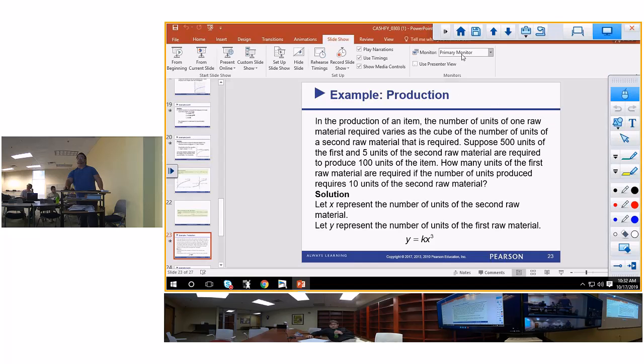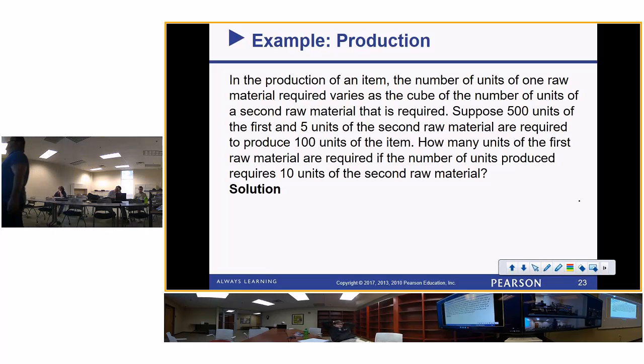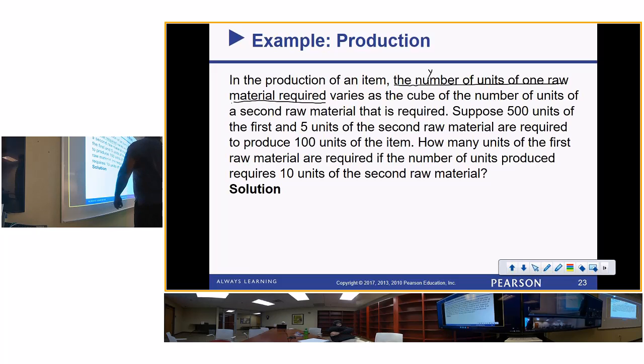All right, here we go. So here's the problem, and hopefully I won't screw it up this time. I did start it off okay. I just didn't say the word cube. The number of units of one raw material required, we're going to make that y. Sometimes they say the number of one raw material required, and they may give you a variable n. I'm going to put n sub 1 here because they may do this.